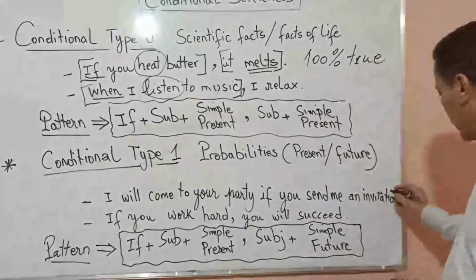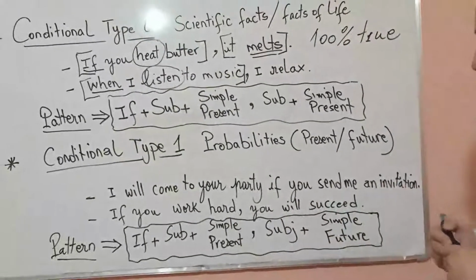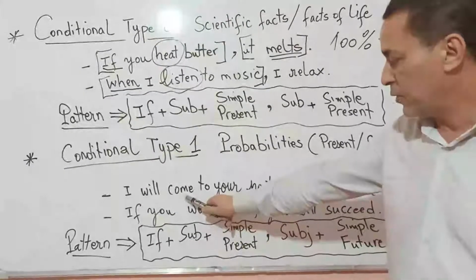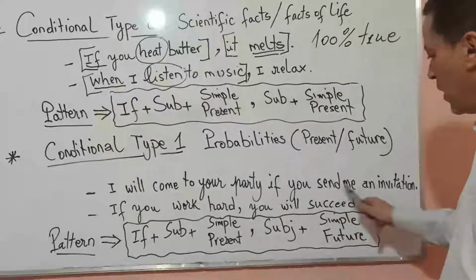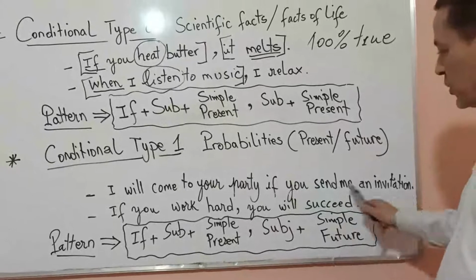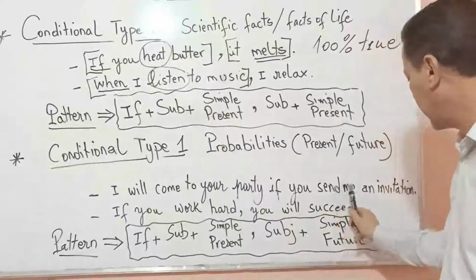Okay, I will come to your party if you send me an invitation. Here I have opted for the result clause. I started with the result clause and I have left the condition clause till the end. So I will come to your party if you send me an invitation.